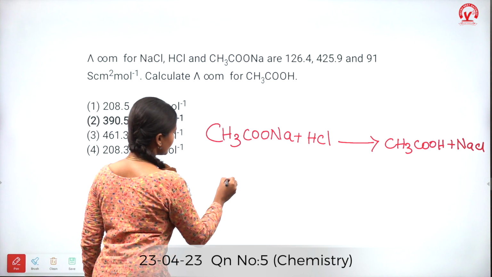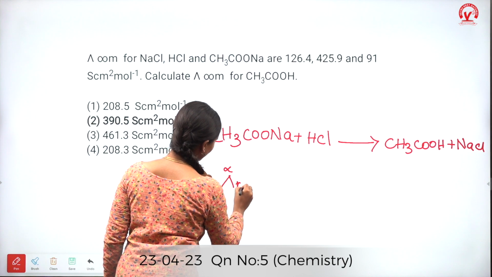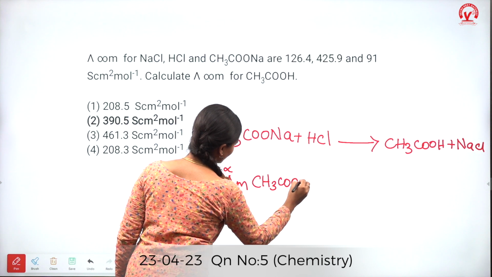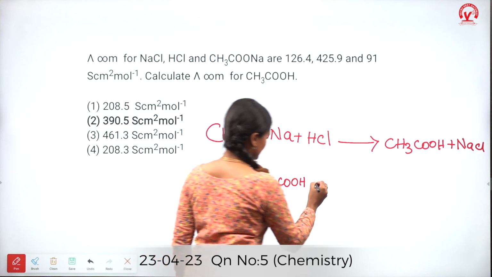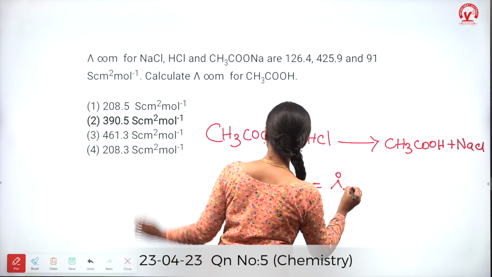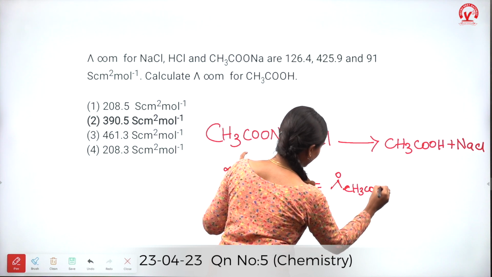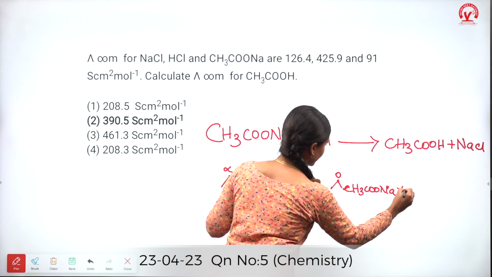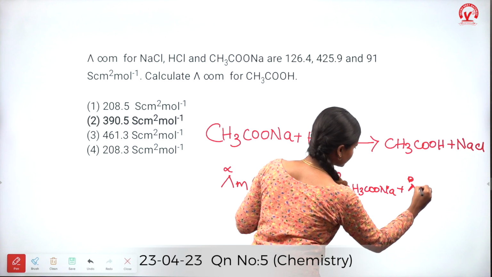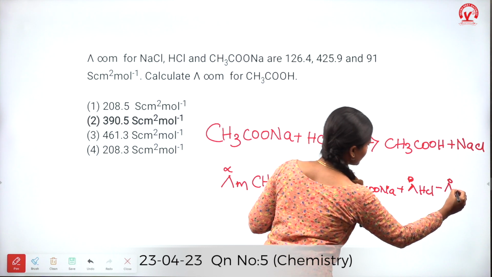Here we have to calculate the molar conductivity at infinite dilution for acetic acid, CH3COOH, which is equal to the molar conductivity at infinite dilution for CH3COONa plus that for HCl minus that for NaCl.